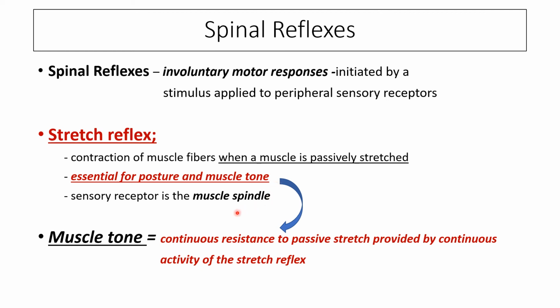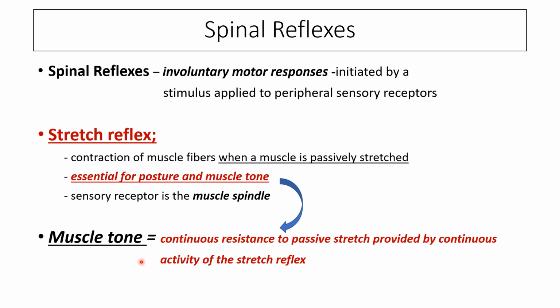Okay, you should know that the receptor for the stretch reflex is the muscle spindle, and we'll see that more clearly next slide. And you need to know this definition. Muscle tone is due to the continuous resistance to passive stretch provided by continuous activity of the stretch reflex.